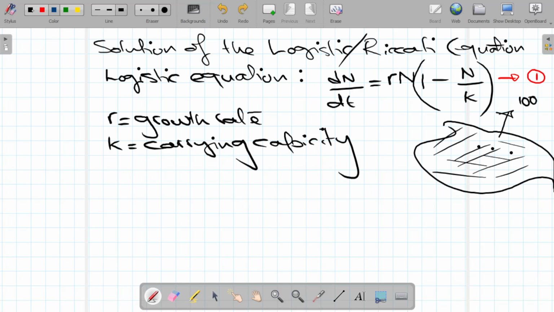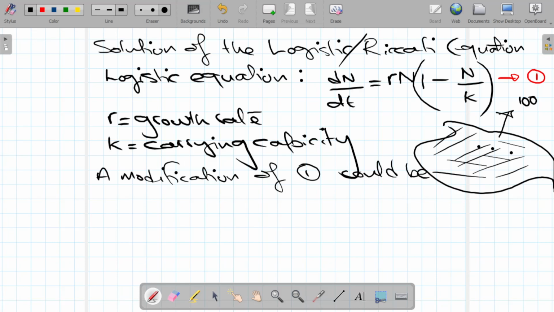A modification of 1 could be dn by dt equal to Rn times 1 minus n over k minus, well, we call this k2.